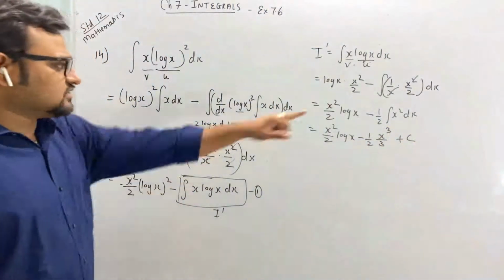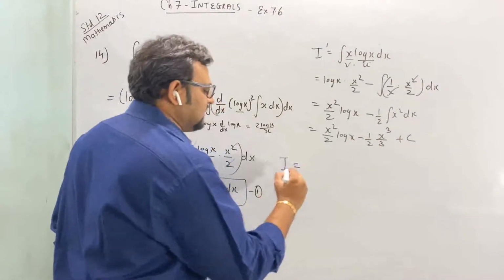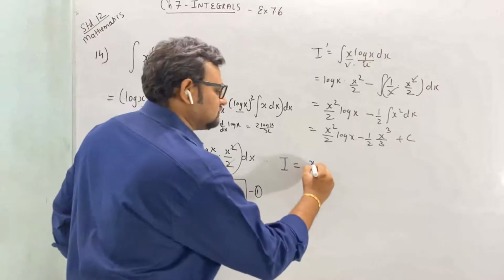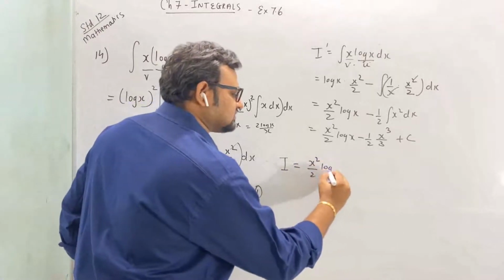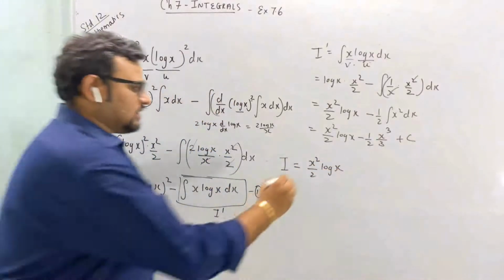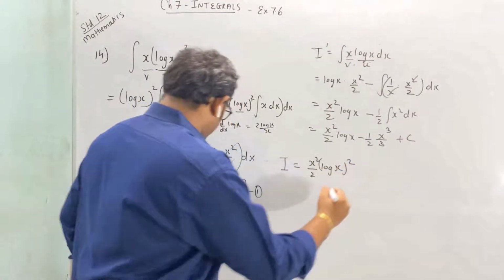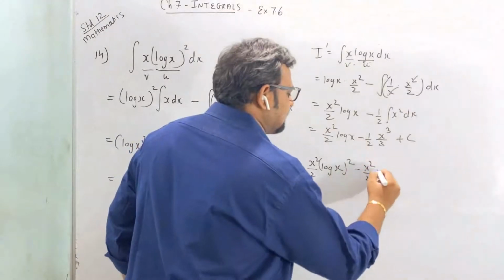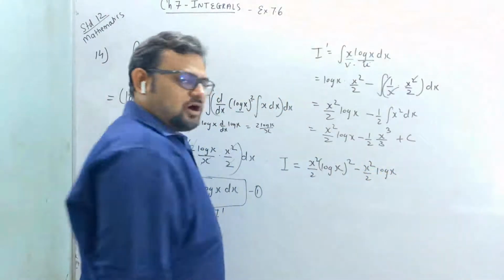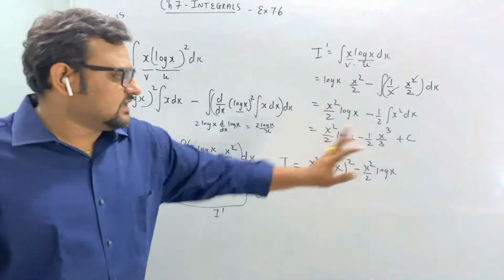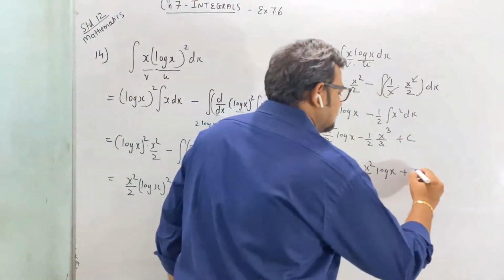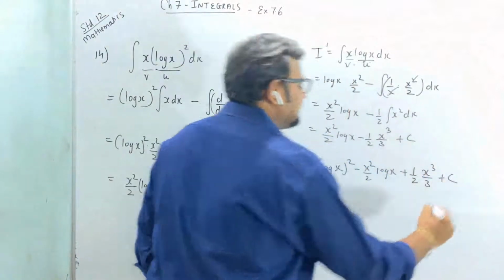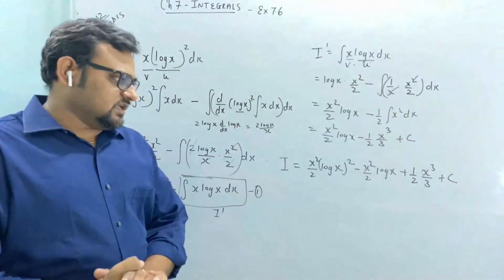So I will join both. So our final answer will be equal to x square by 2 log x whole square, minus x square by 2 log x, minus minus plus 1 by 2 x cube by 3 plus c.